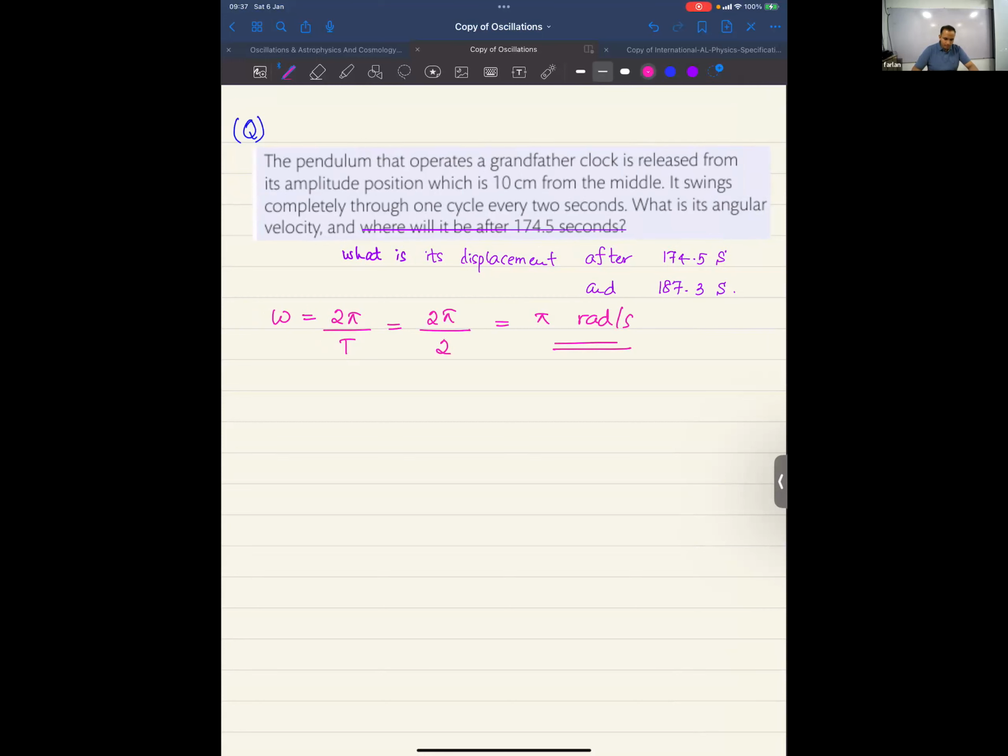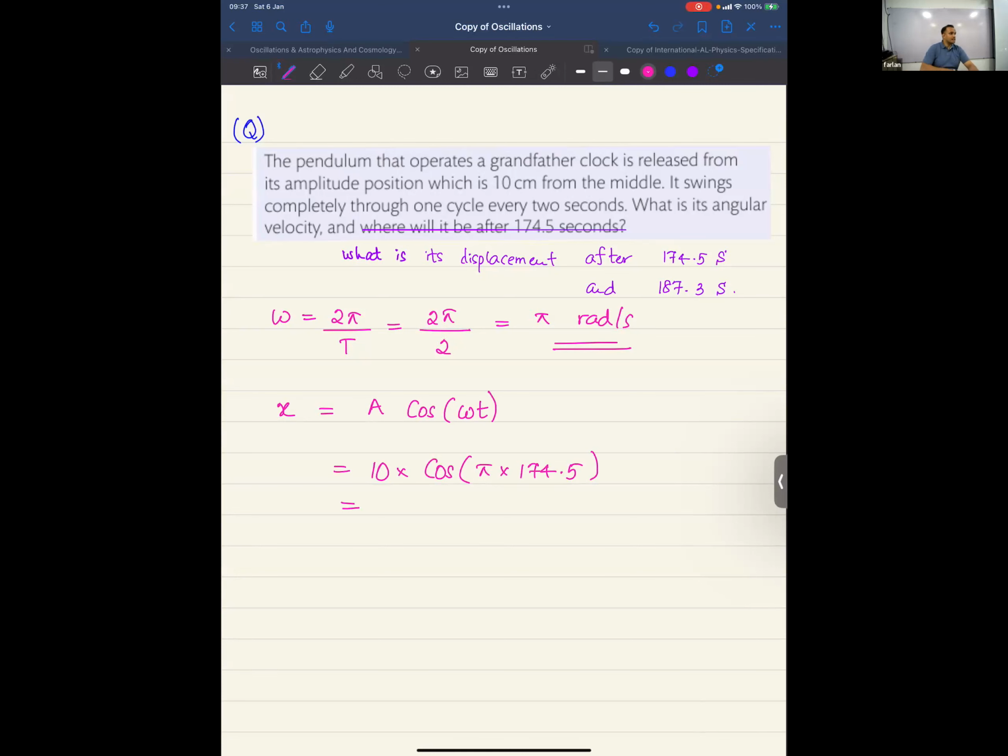And then to find the displacement, we have this equation. x equals a cos omega t, right? That is the equation. So amplitude is 10 centimeters. Cos omega is pi, into the t, the first part is 174.5 seconds.